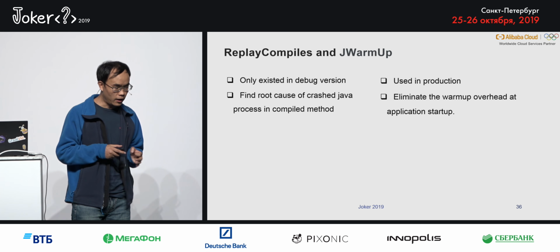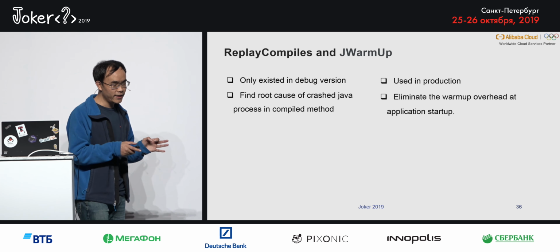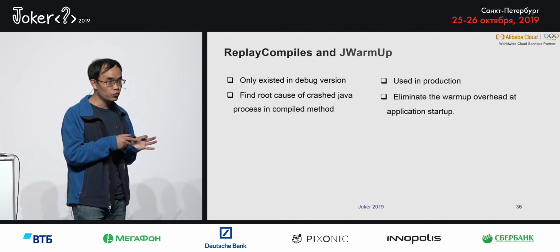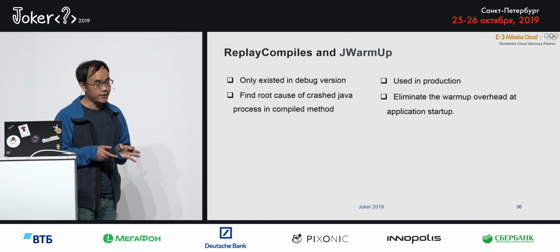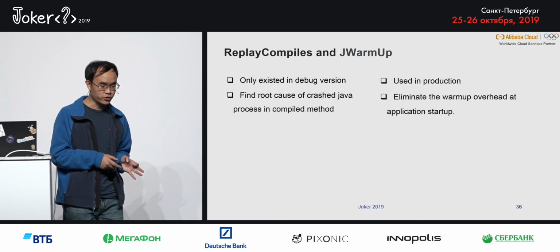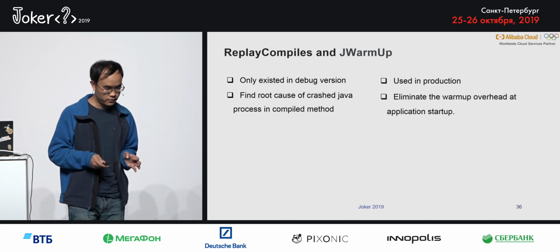They also have different purposes. With replay compiles, you can find the root cause or correct a given problem in a compiled method. But for warm-up, as I have mentioned, we want to eliminate the warm-up overhead.